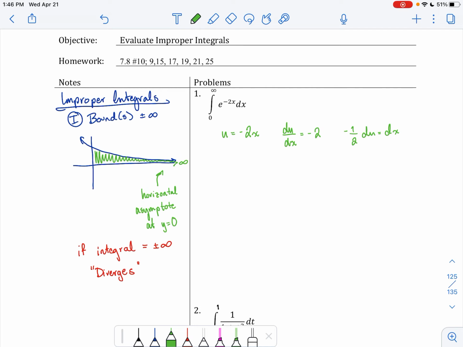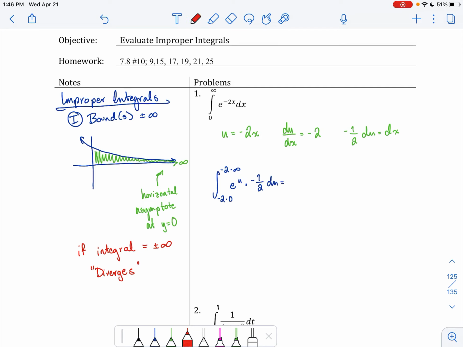When I plug in 0, negative 2 times 0, and negative 2 times infinity, we get e to the u times negative 1/2 du.